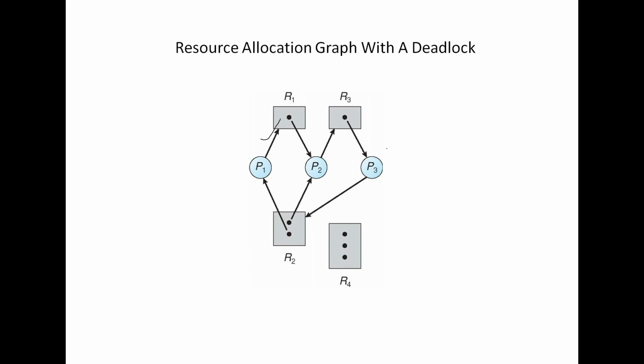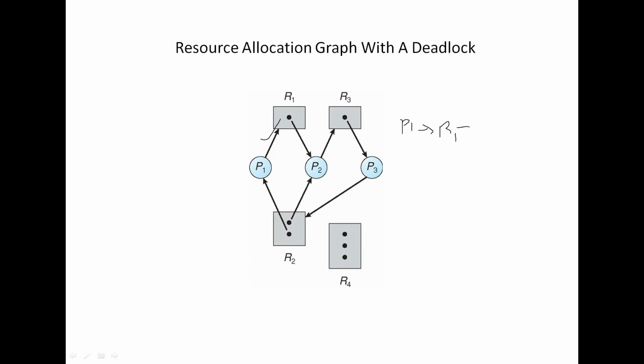So in this diagram, the cycle we have is P1 to R1, and R1 is already allocated to P2.